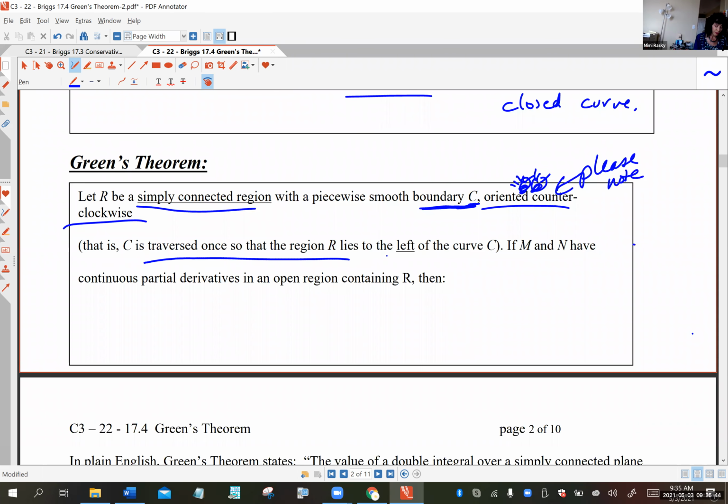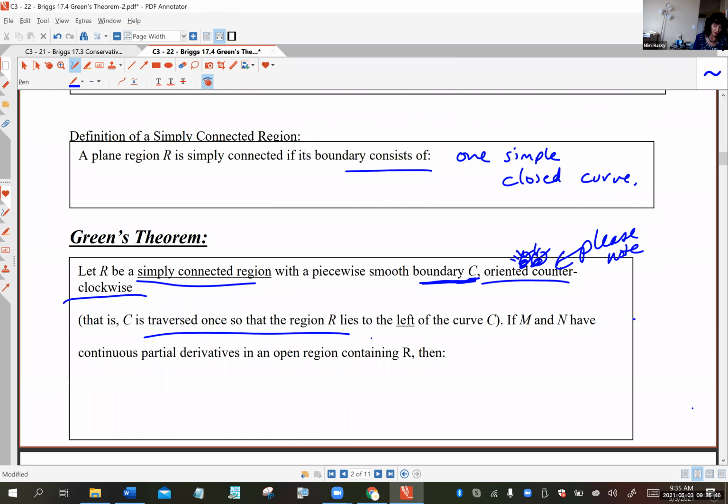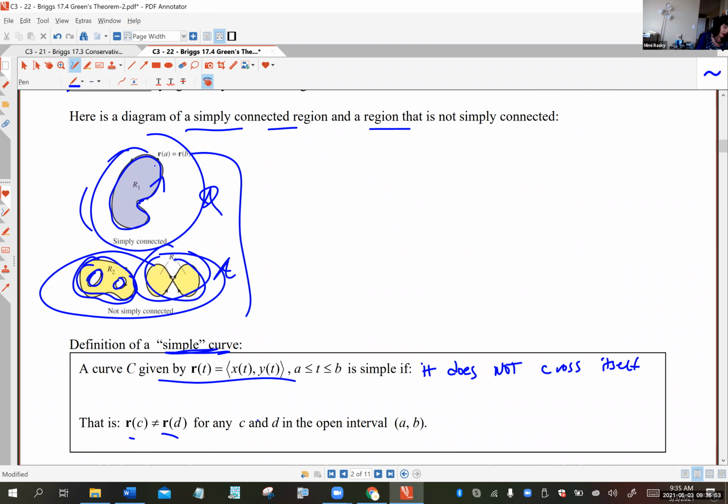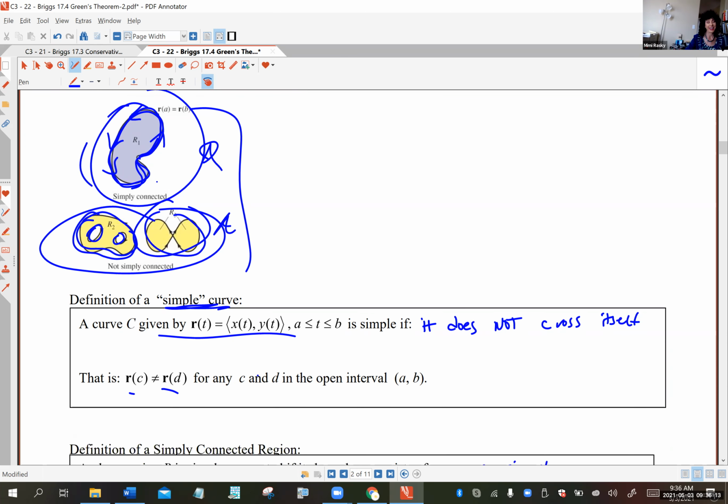We want the curve to be traversed so that when you drive around the island, you can look over your left shoulder and see your island. So if I were driving around the border, I'd always be able to look over my left shoulder and see the island. And you may think this is really superfluous information, but trust me, next time you'll see it's not. It's key.